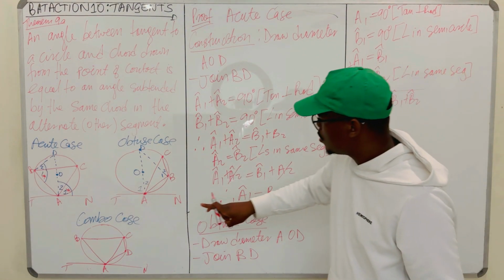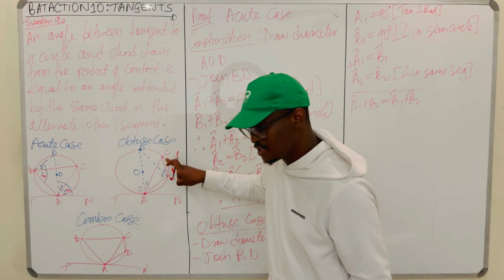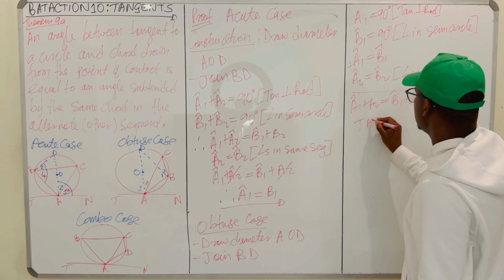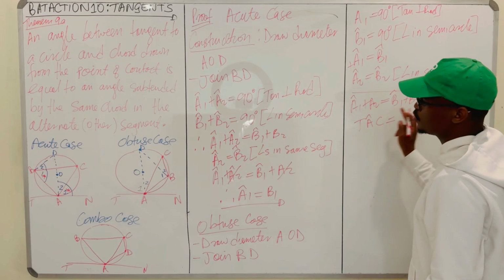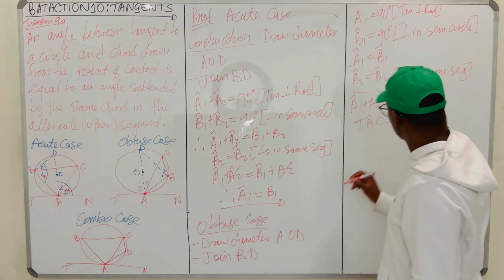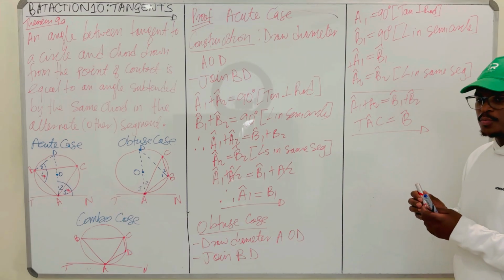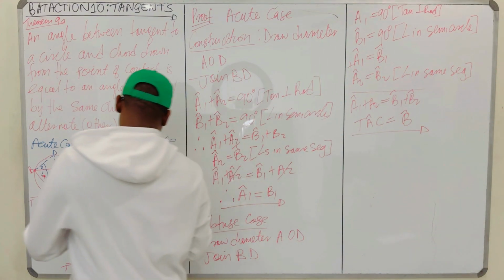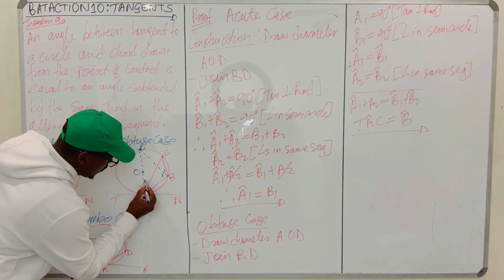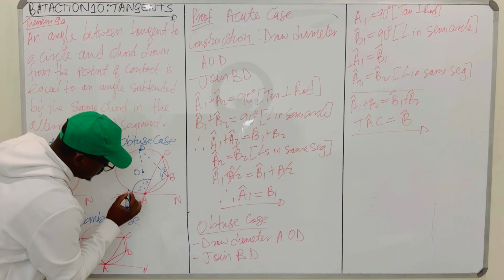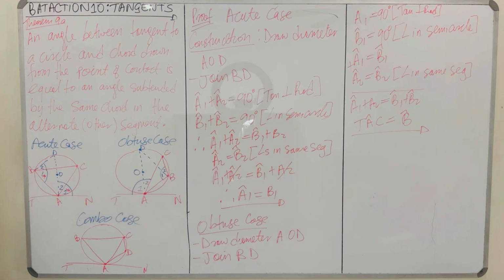You see that A1 and A2 is angle TAC, which is equal to B1 and B2, which is just angle B. Which is what we wanted to prove. Which means this entire angle out here, A1 and A2, is equal to B1 and B2. I'm not sure if that makes sense.